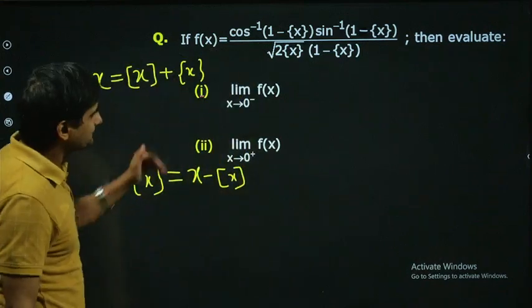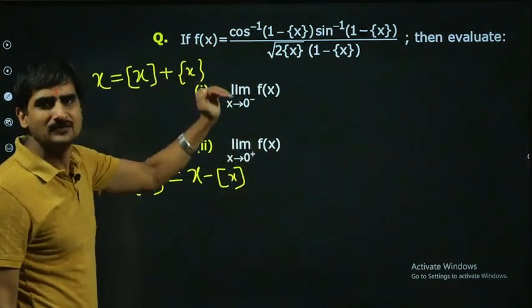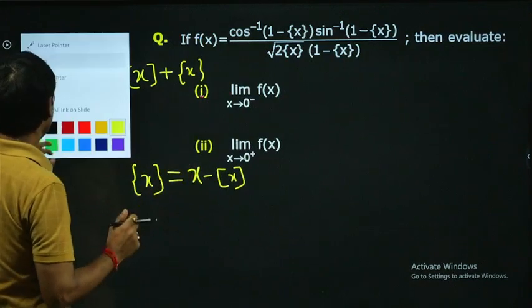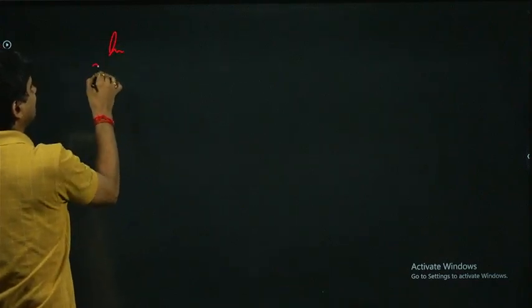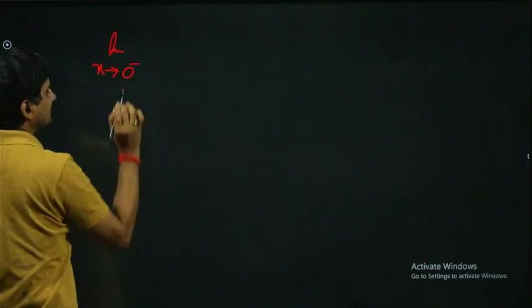Okay, so now just put the value there everywhere, and moreover, since we are talking about first the limiting value as x approaches 0 from the negative side.